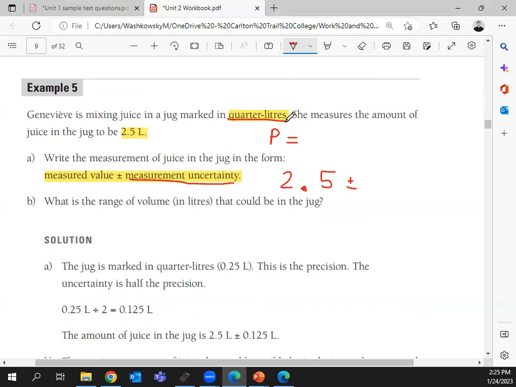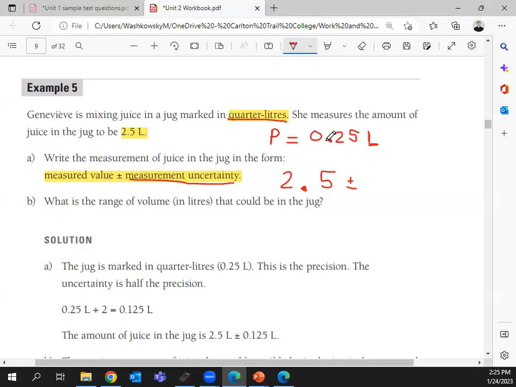You're not supposed to know, and that's okay. So they measured it in quarter liters, right? So their unit of precision here is 0.25 liters. So that's a unit of precision. For my uncertainty, I need to take this and cut it in half, right?